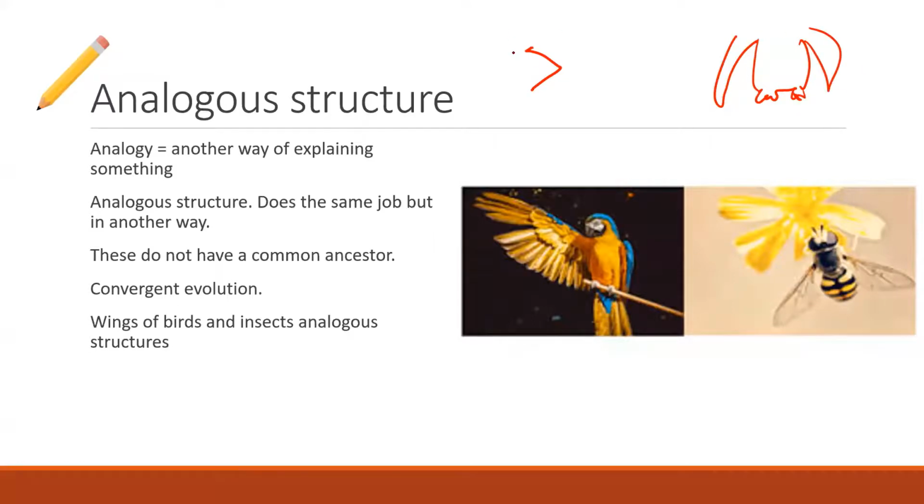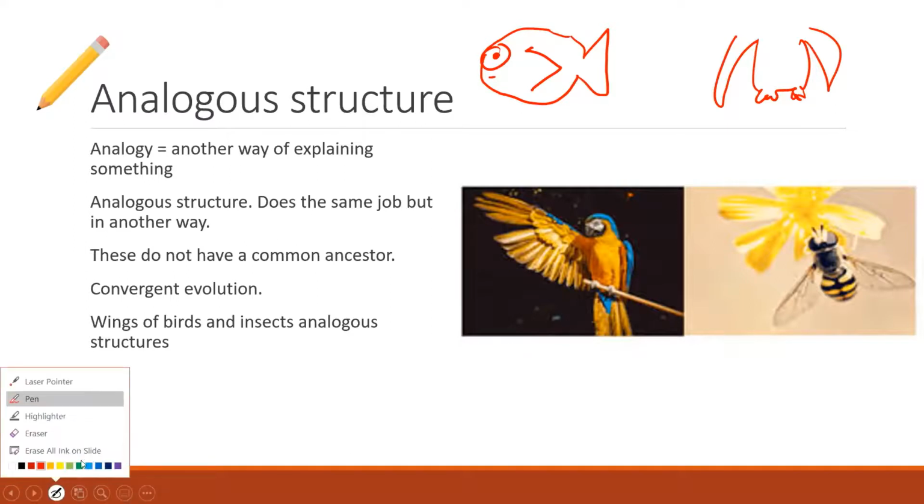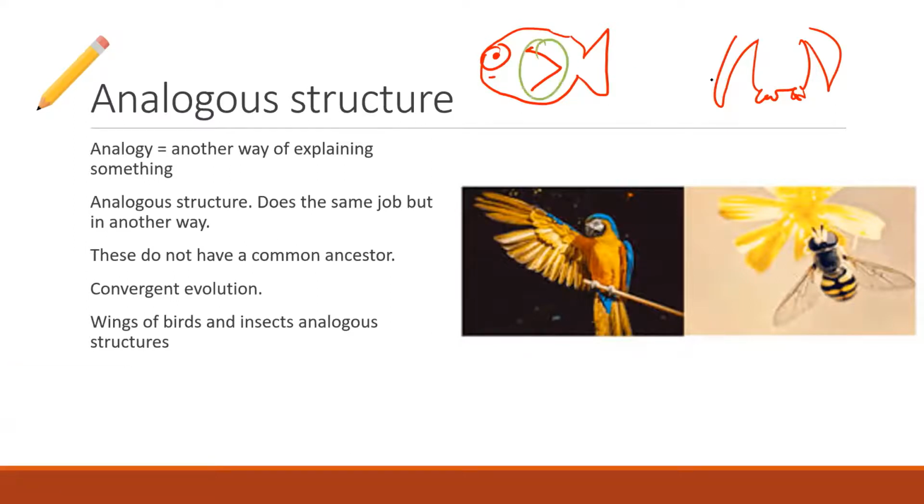Penguins have flippers, whereas fish have fins. Now, even though these structures look similar, they didn't have a common ancestor. We know they don't have a common ancestor because they're two different animals.